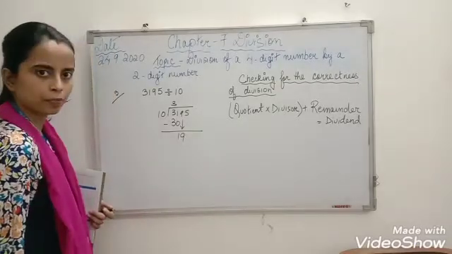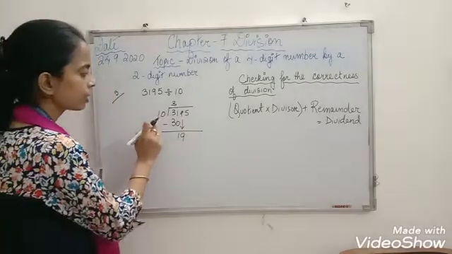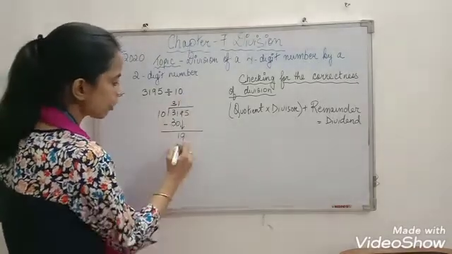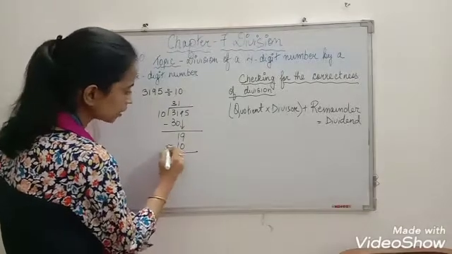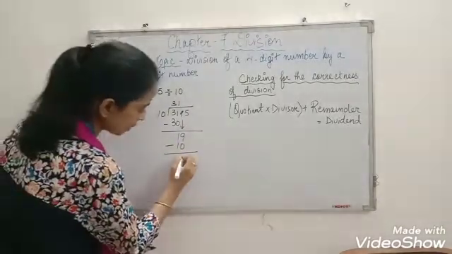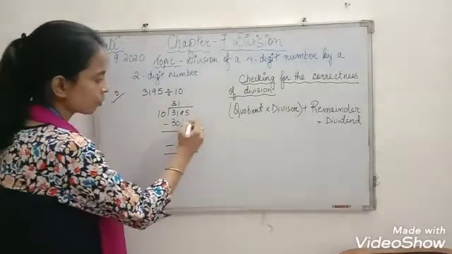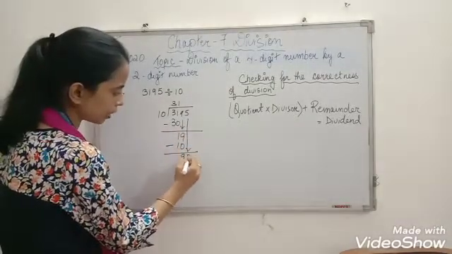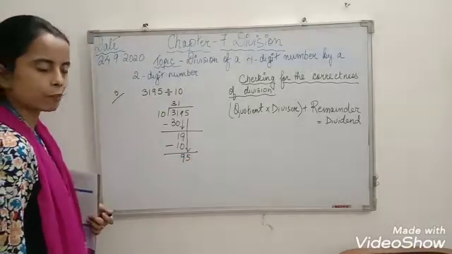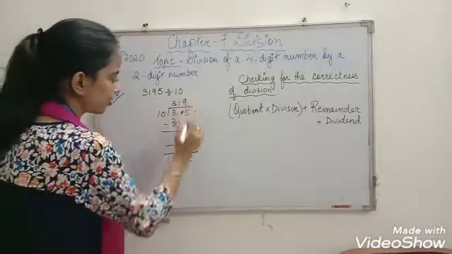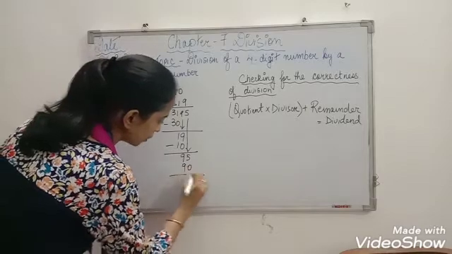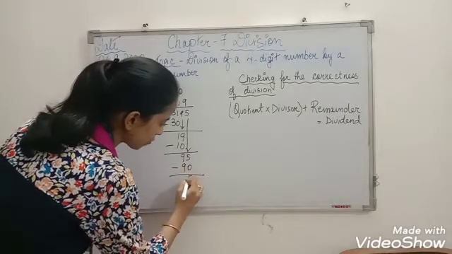Comes 19. Now 10 into 1, 10. Now subtract it. 19 minus 10, 9. 9 is smaller than 10. We'll bring down the next number to make it bigger. 95. 10 into 9, 90. So how much left? 5.